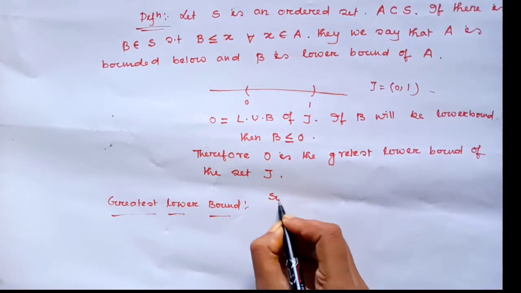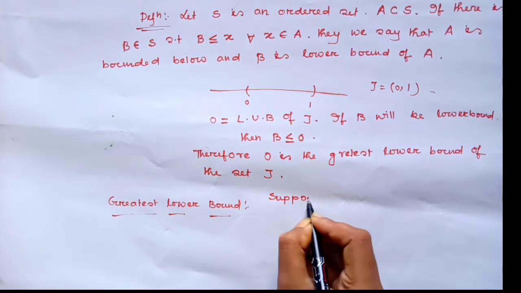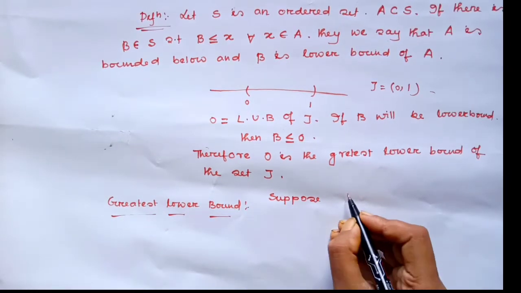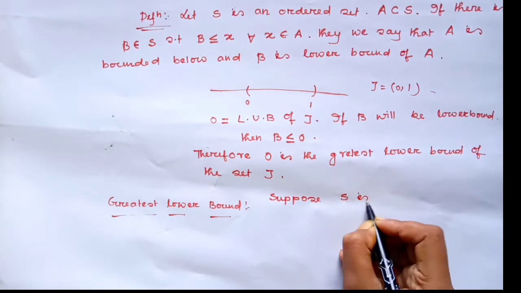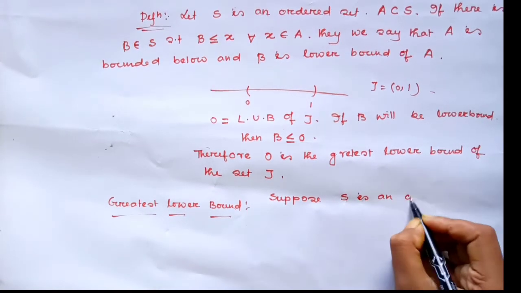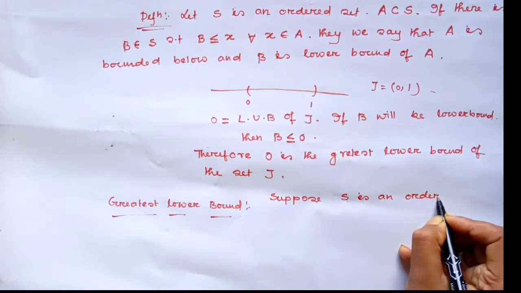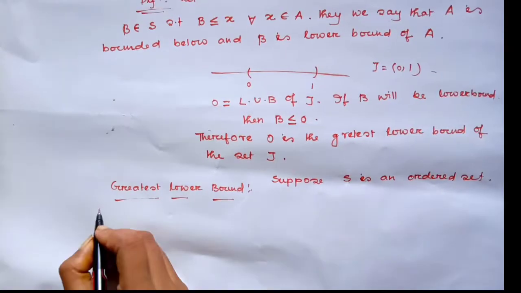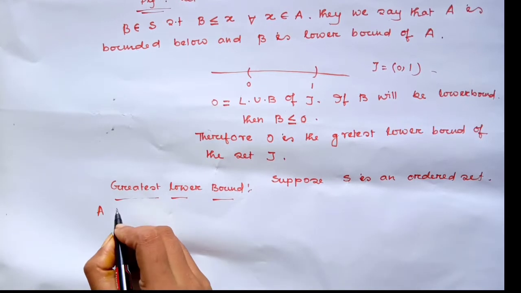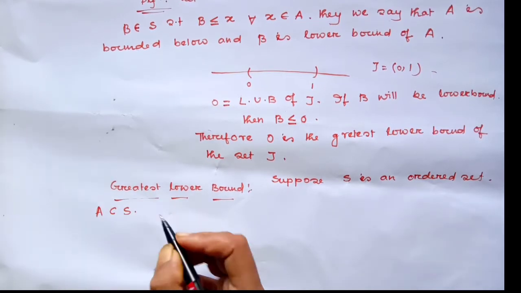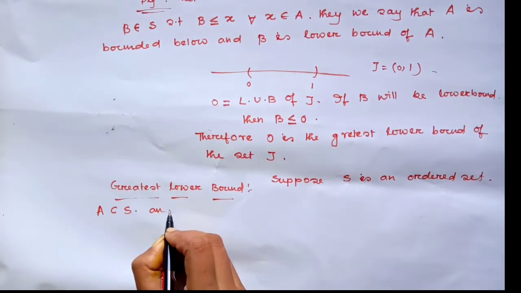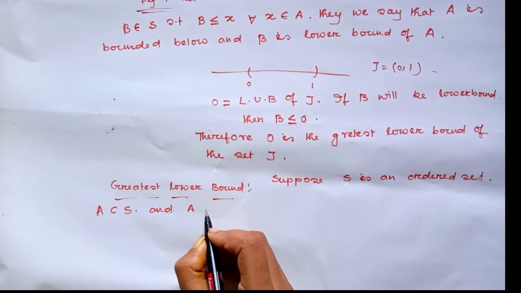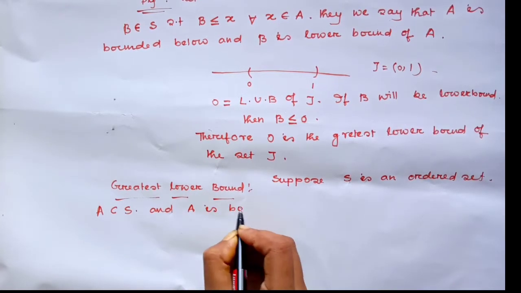Suppose S is an ordered set and A subset of S and A is bounded below.